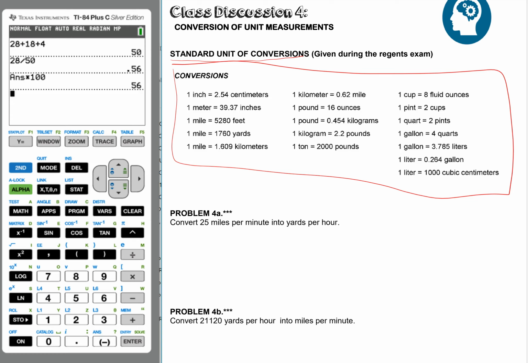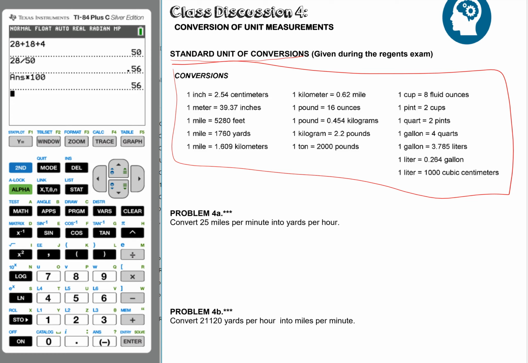Your goal here is to convert to yards per hour. So it should be yards per 1 hour. So this is your goal here, to convert this unit of measurement. We call this dimensional analysis.